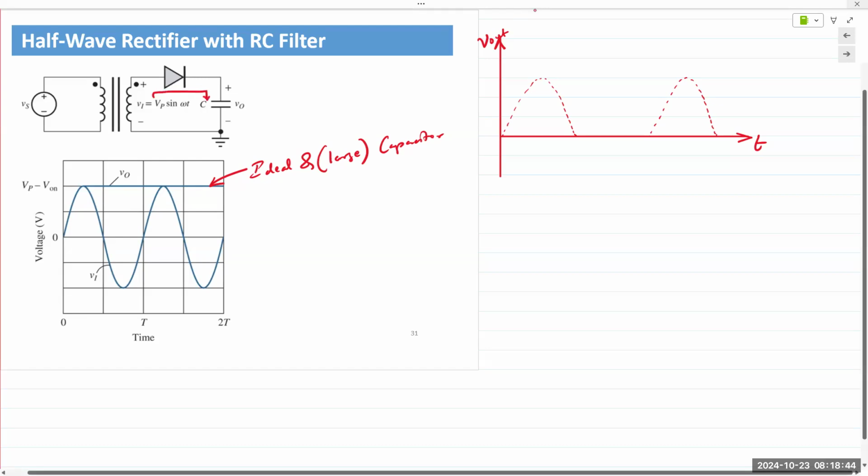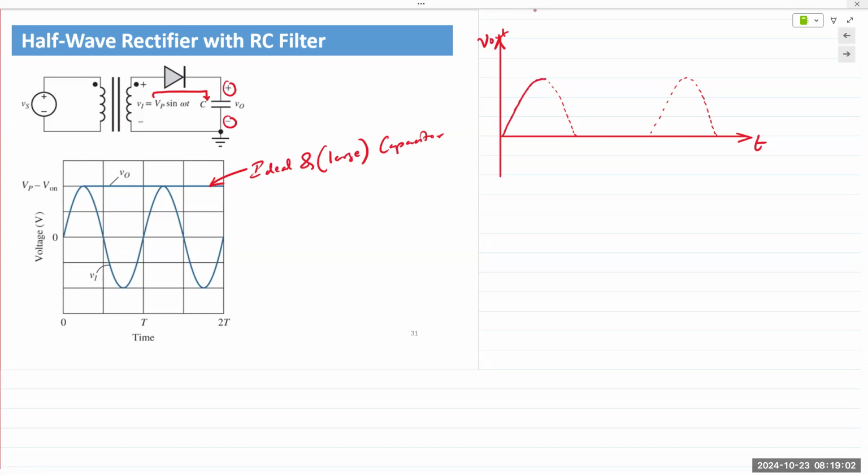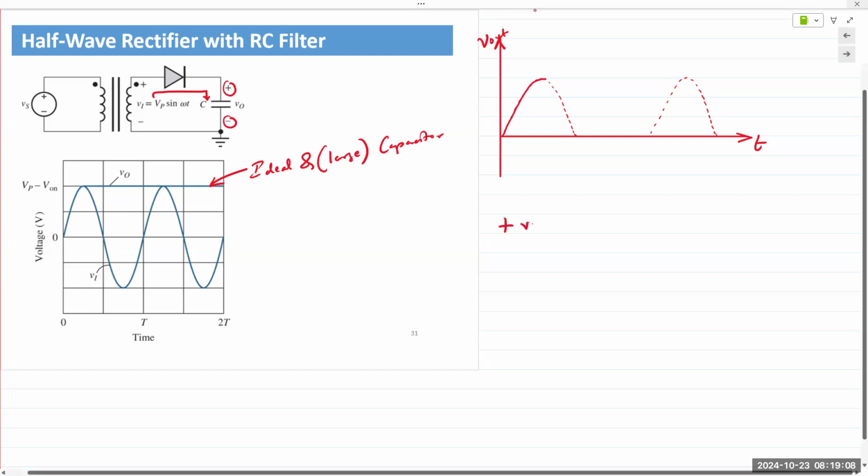In the positive half cycle, the diode is forward biased, current flows to the capacitor, and it charges up, plus at the top, minus at the bottom. Now as it charges up, the diode is almost like a short circuit for the capacitor, except for the small forward series resistance of the diode.